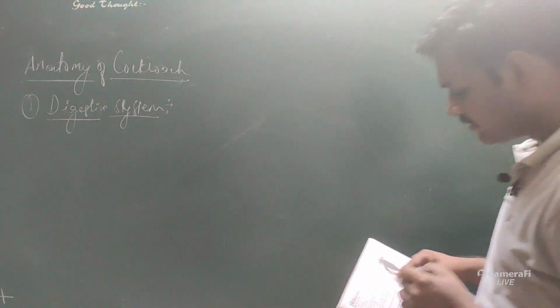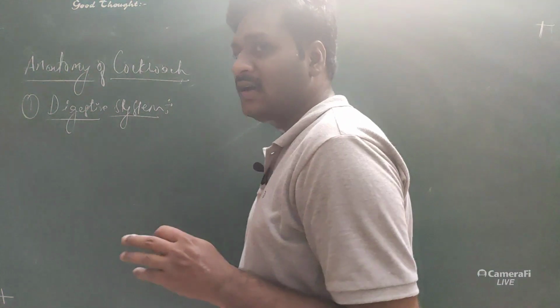The digestive system of the cockroach, or the alimentary canal, consists of three regions: the foregut, midgut and hindgut.